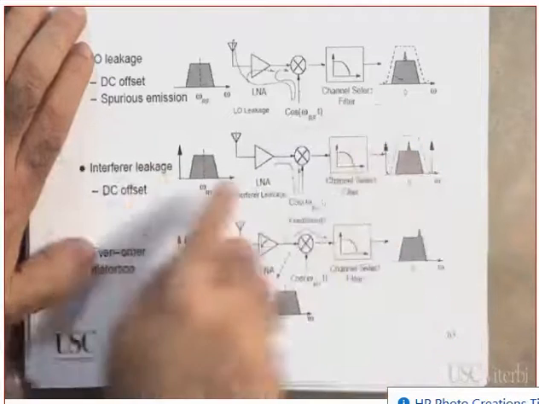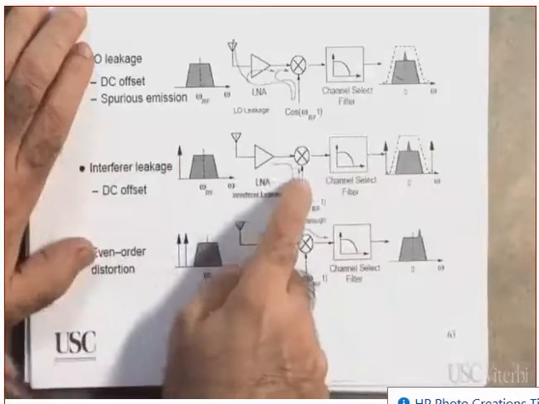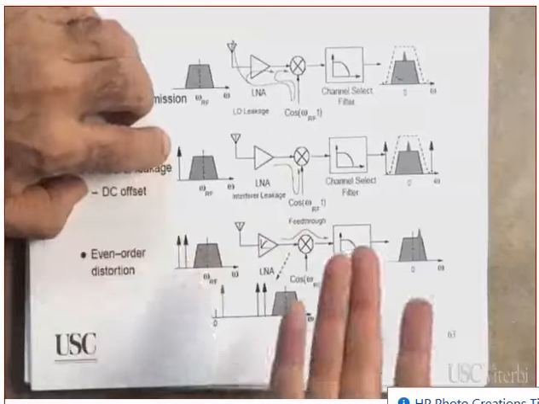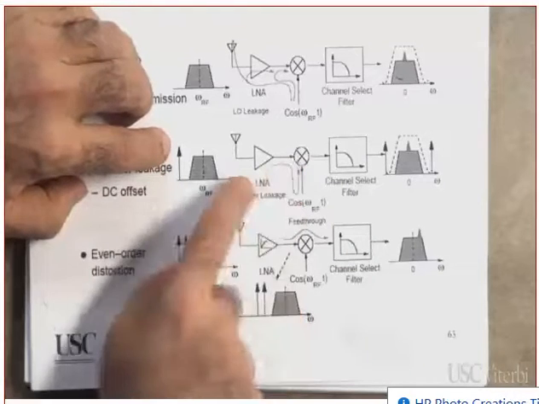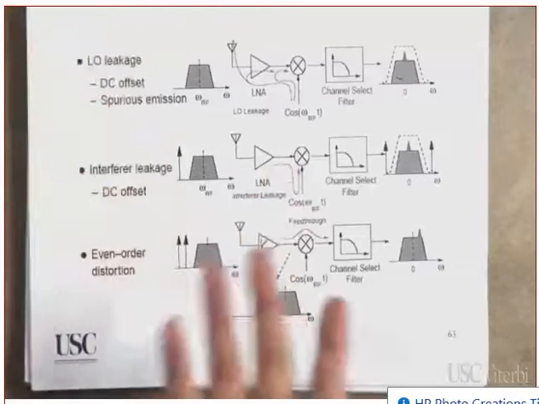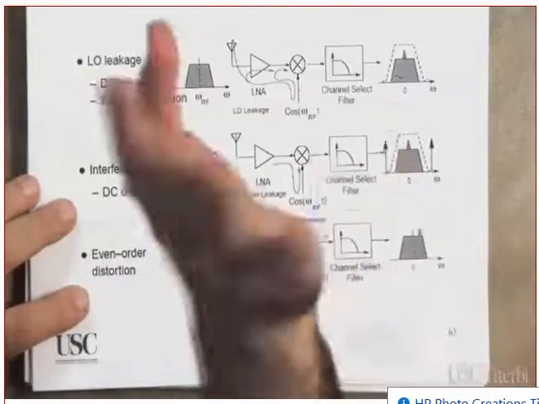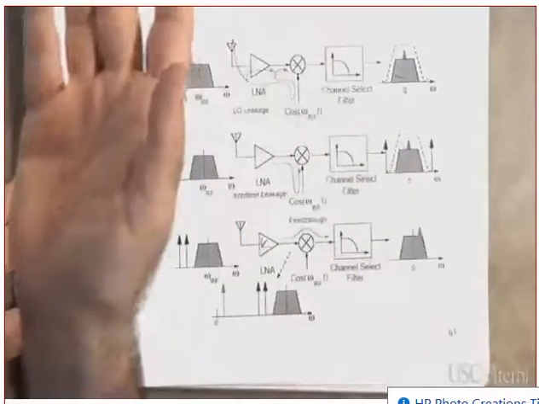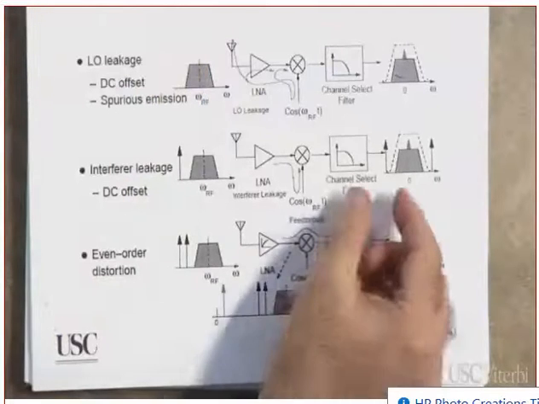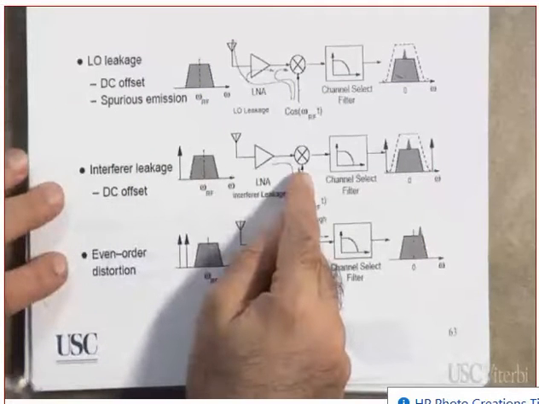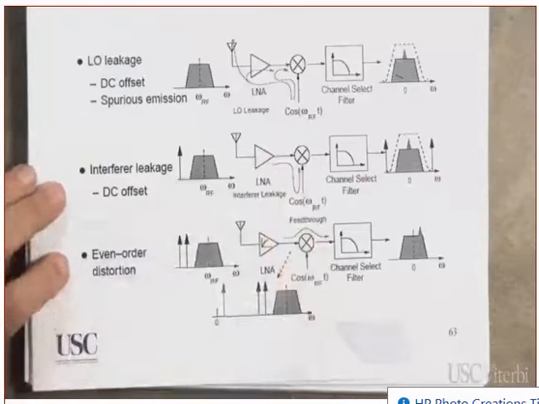If they are not leaking, this component will be mixed with the RF, not with itself. Resulting in these two components that will not cause me problems. Do you agree? Because they are outside the low pass filter. But the problem will come if they mix with themselves. Yes or no?